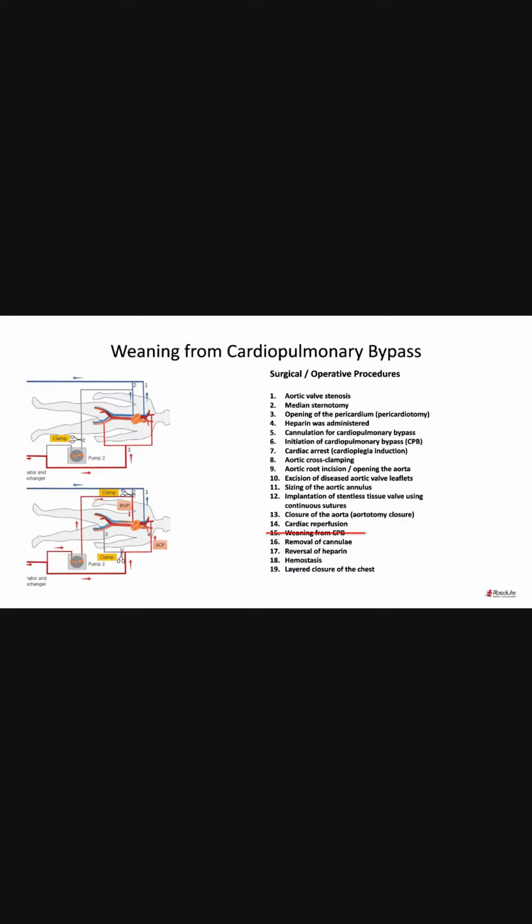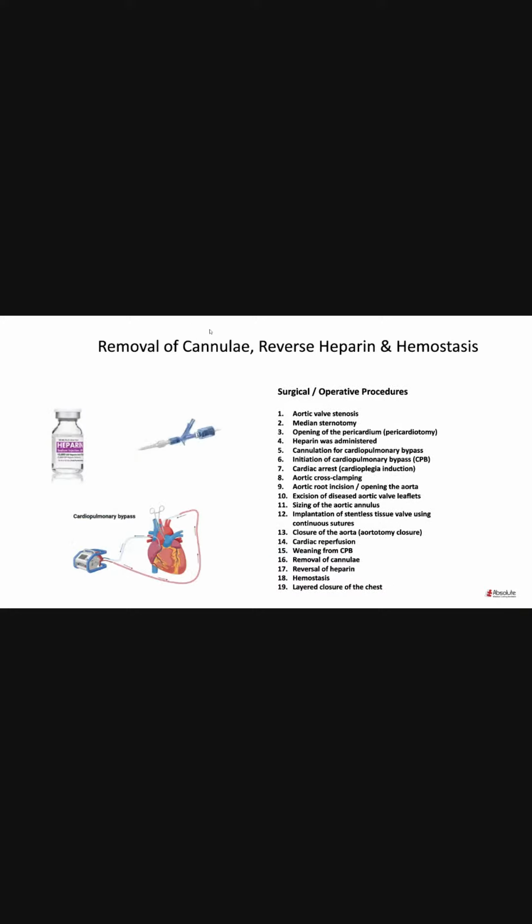That's bundled. Then they're going to remove all of the cannulae from the heart. Then they're going to reverse heparin because they've thinned out the patient's blood by putting in the heparin. Now we want the blood to be able to clot and do what it normally does.